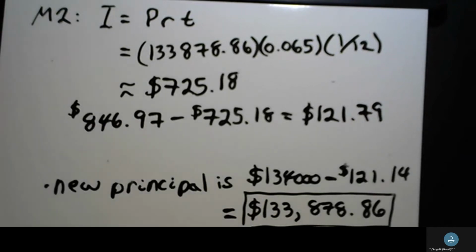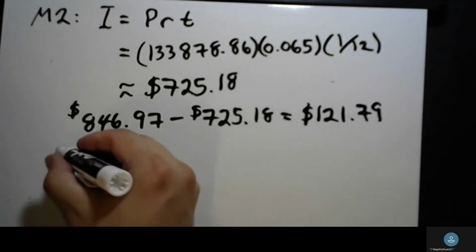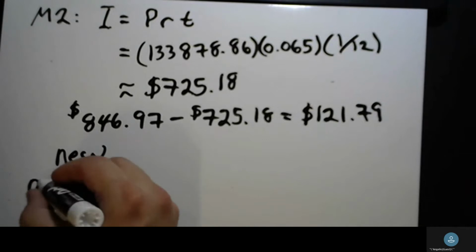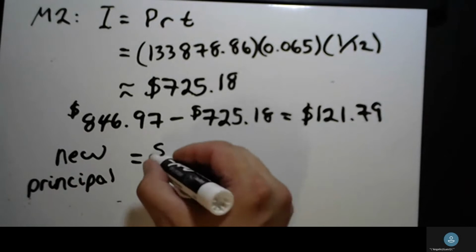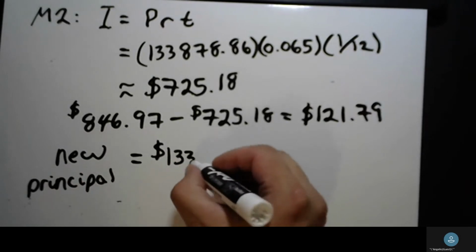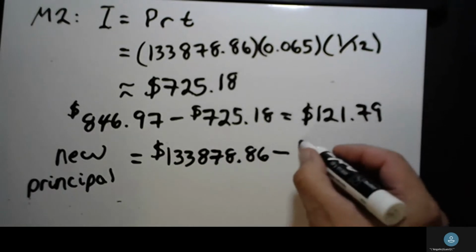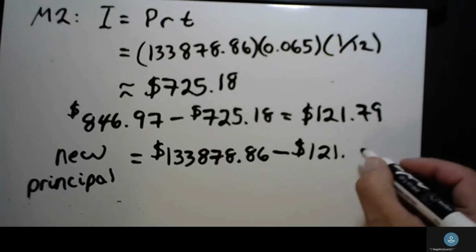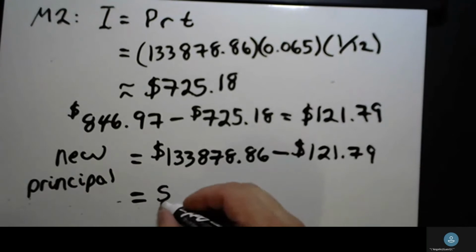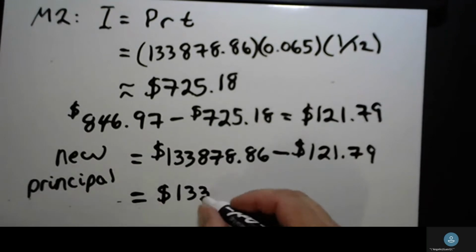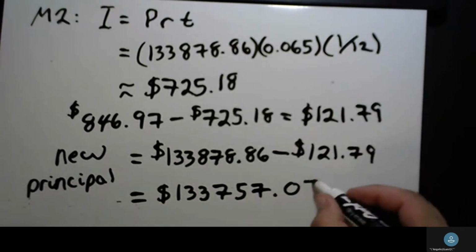So the new mortgage, or the new principal, is 133,878.86 minus 121.79. So the new principal is 133,757 and 7 cents.